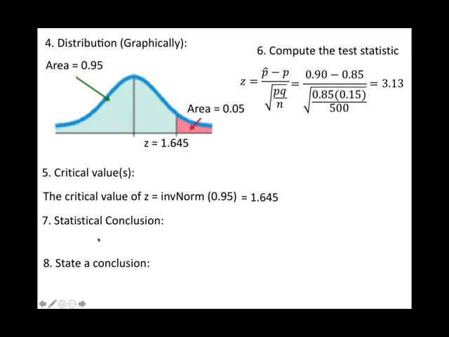Okay, now draw the conclusion. We are using the critical value method, so look at the test statistic. Where is your test statistic located? Is it in the critical region or not in the critical region? So 3.13 is greater than 1.645, so the test statistic is located somewhere like here.